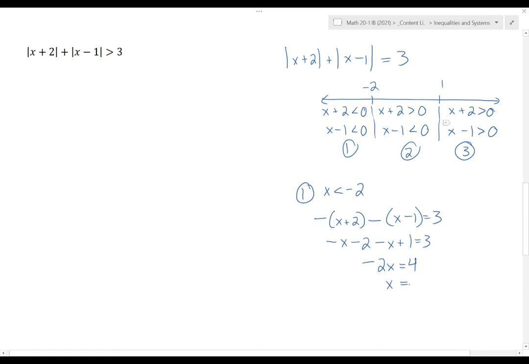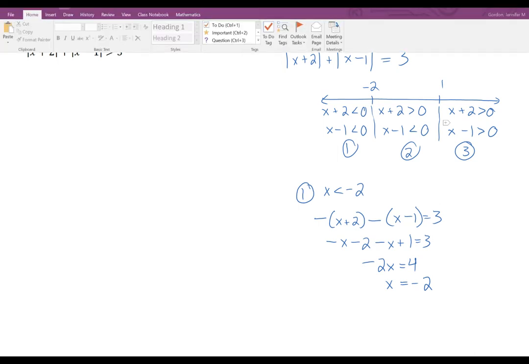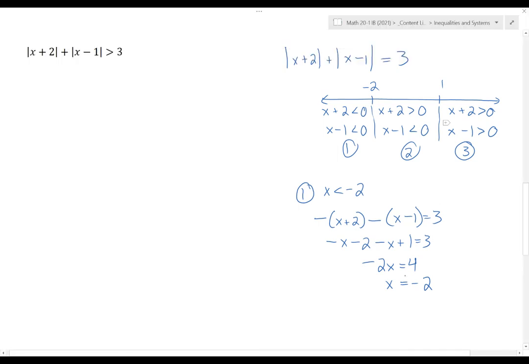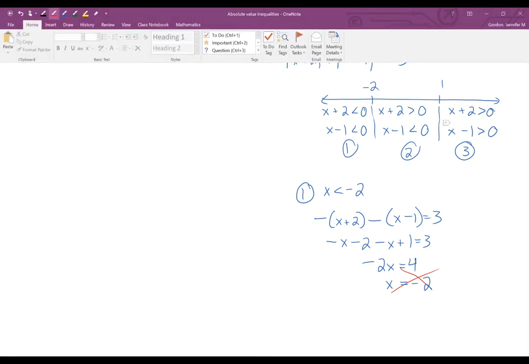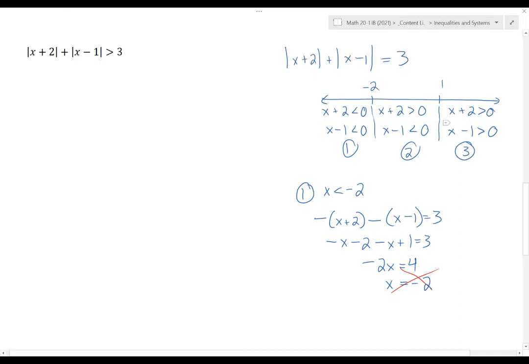So x equals negative 2. Ooh, interesting, because this is the boundary point. Now, technically, I haven't included the negative 2 in this interval. You may have included the negative 2 in this interval, in which case you would accept it here, but I'm not going to accept it here. Don't worry, it'll show up again in the second case. But negative 2 is not less than negative 2, so I'm not going to include it at this point.